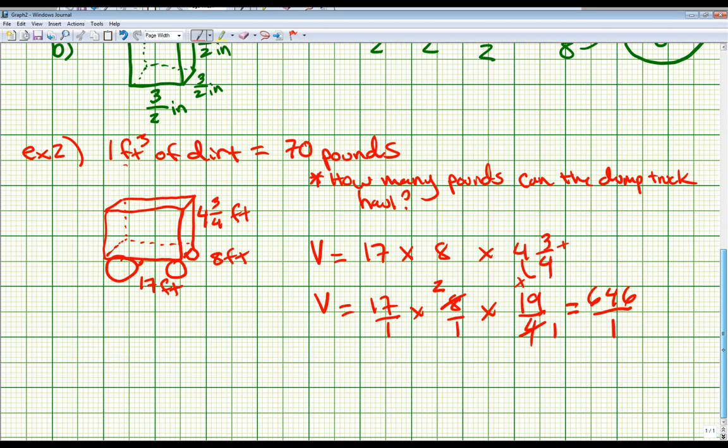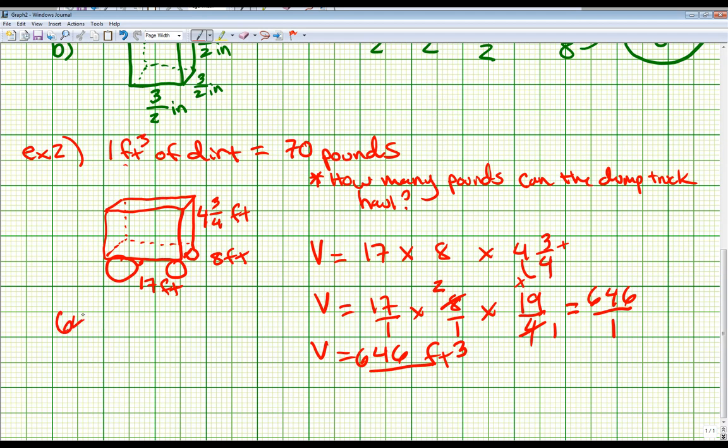So if we were trying to find our volume first, so volume is 646, and we have feet cubed. That's our volume. Now go back to our question. It says, how many pounds can the dump truck haul? Well, if each 1 foot cubed is 70 pounds, we have to take 646 and multiply it by 70 pounds.